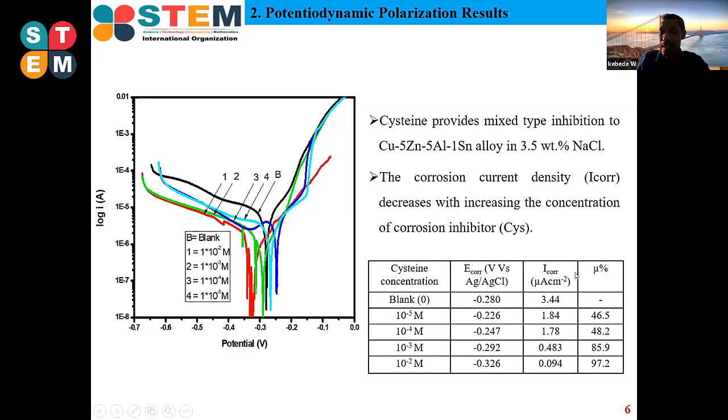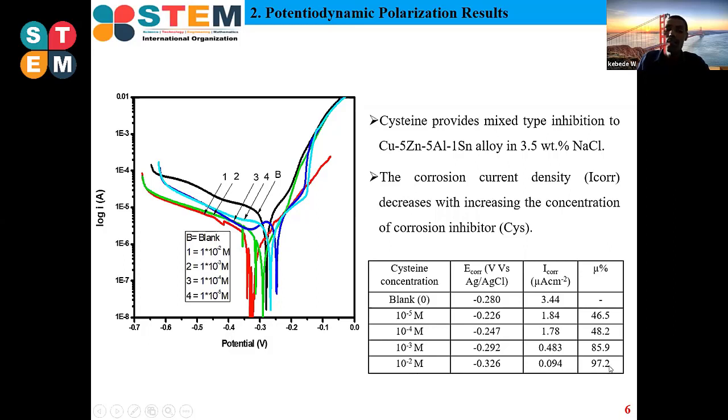You see here, we can calculate the inhibition efficiency. This is based on the current density here. The concentration of 10 to the power of minus 2 molar of cysteine gives 97.2%.